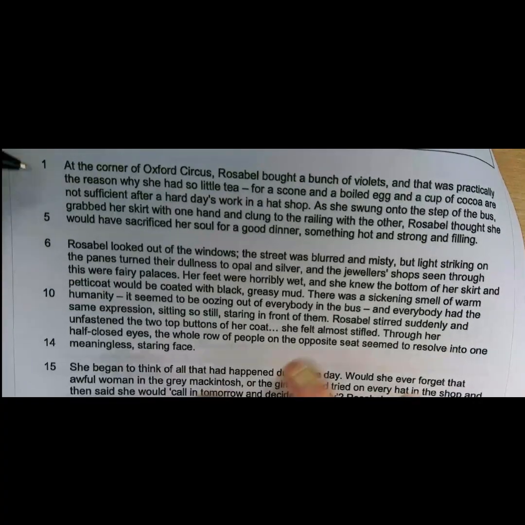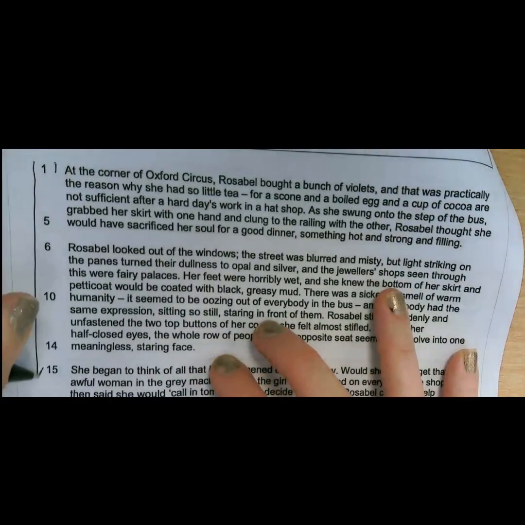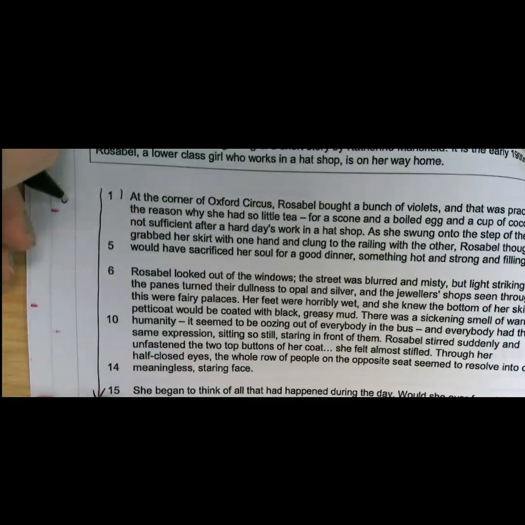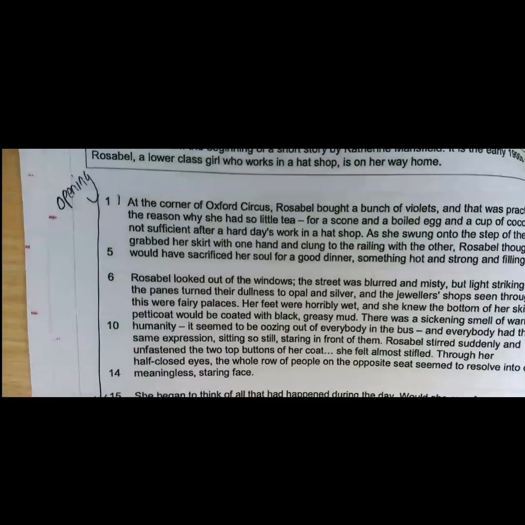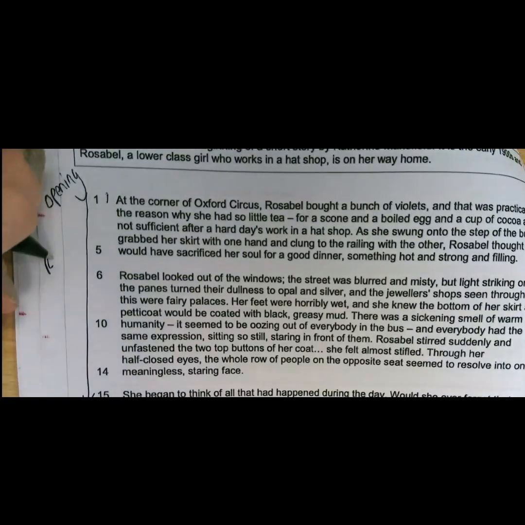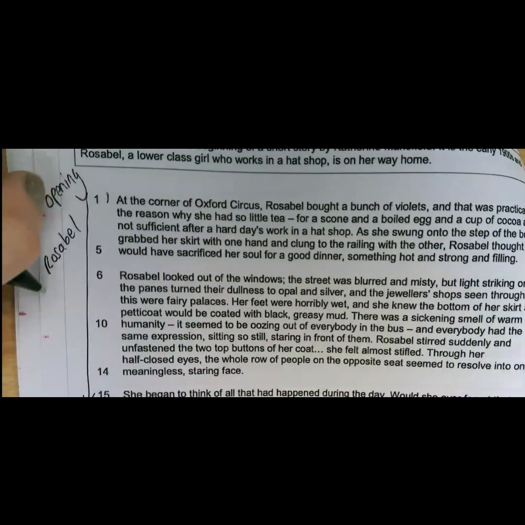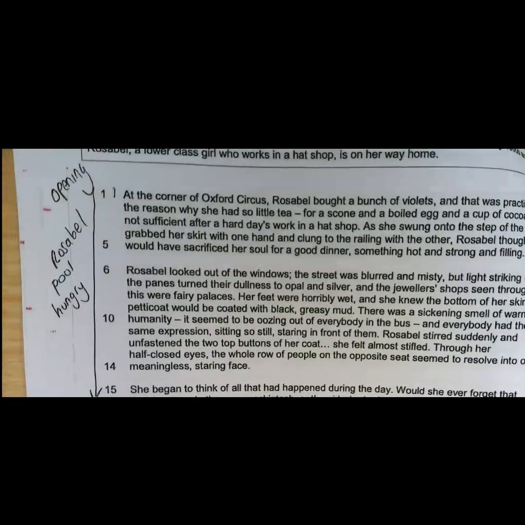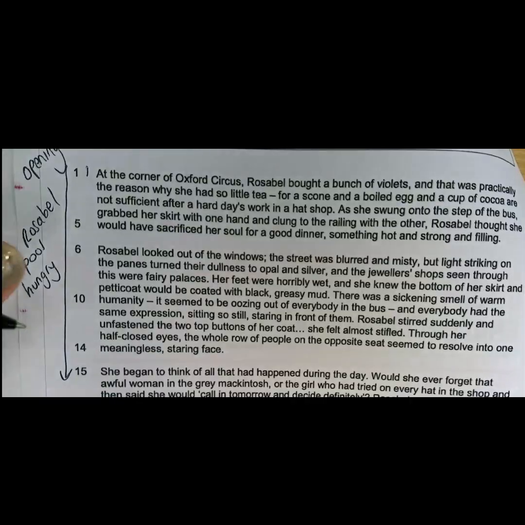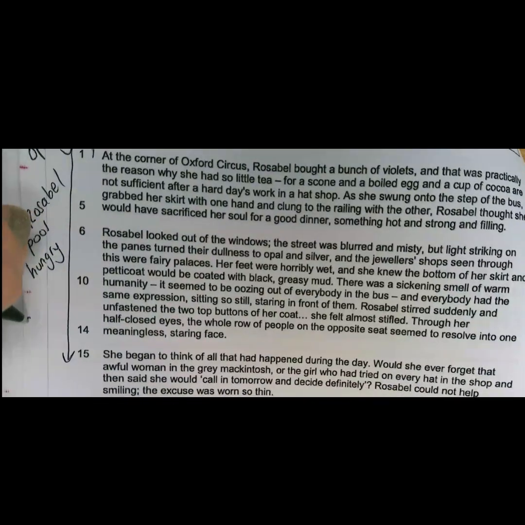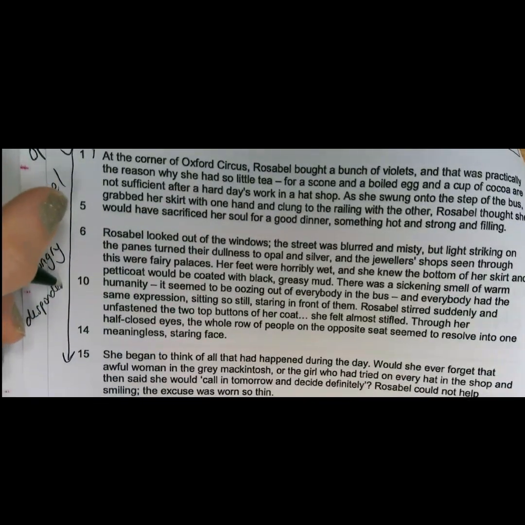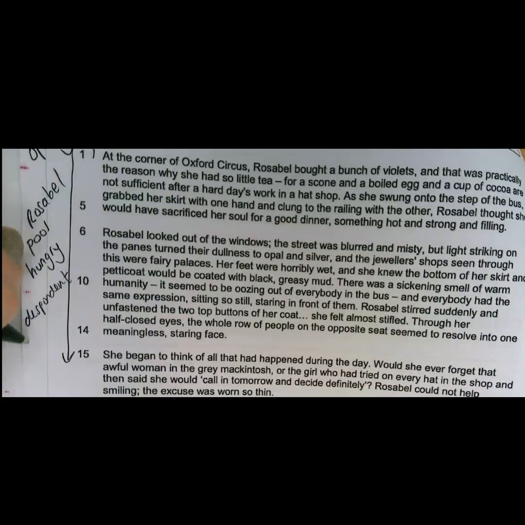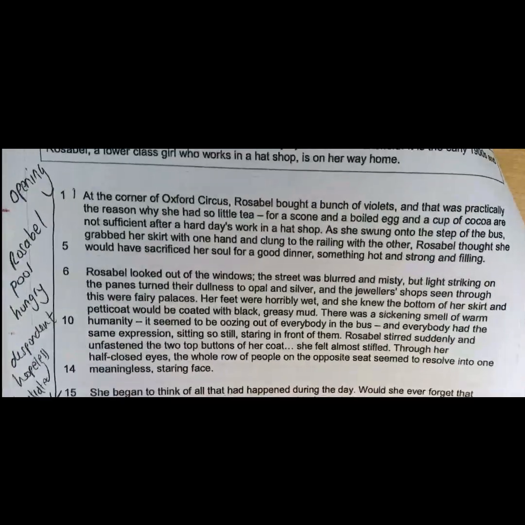So we know here, this is our opening, so this is going to be the nitty gritty for my paragraph 1, that Rosabelle is poor, hungry, physically, but also emotionally she's feeling quite despondent, I'm going to say hopeless, frustrated.